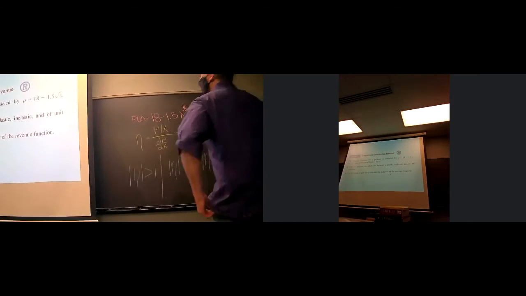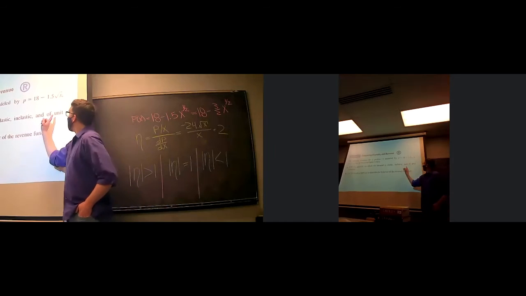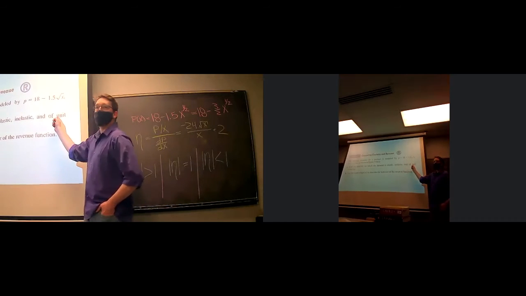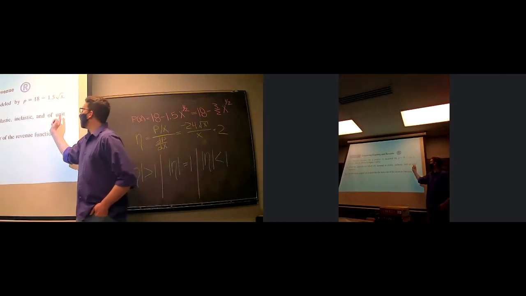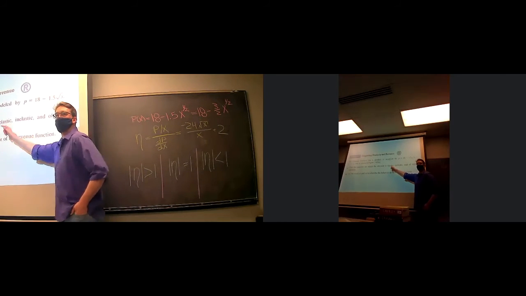Now going back to the original question, we just found this part. And the way we did it was by answering the unit elasticity, because that was going to be an easier question for us to answer, and then using that to inform where to check. Make sense?